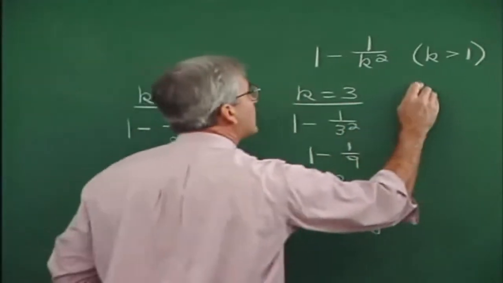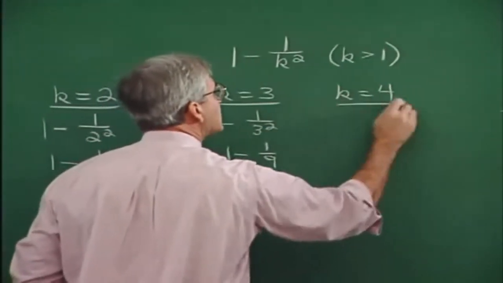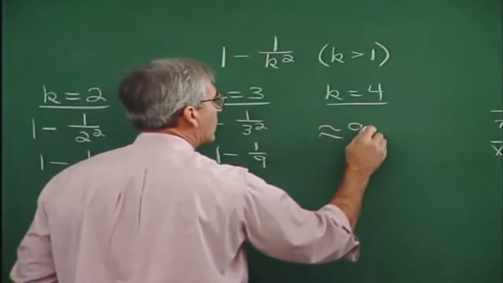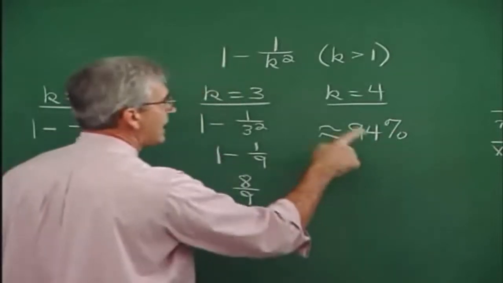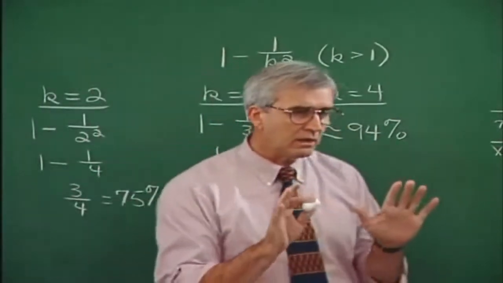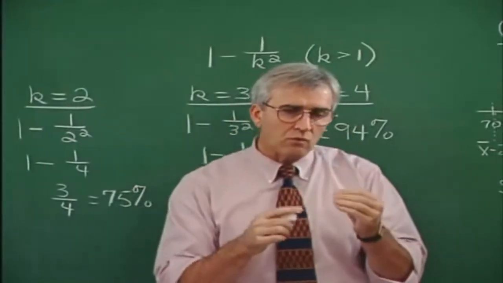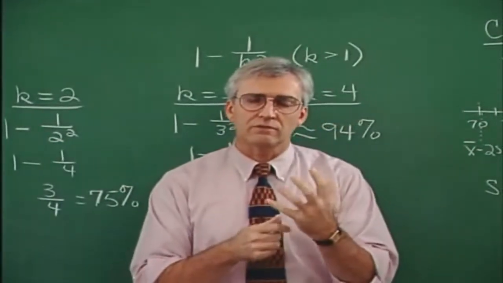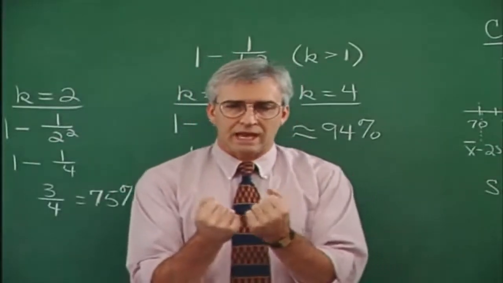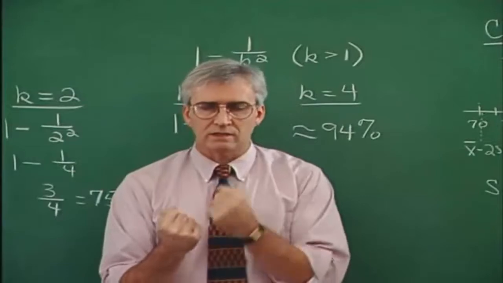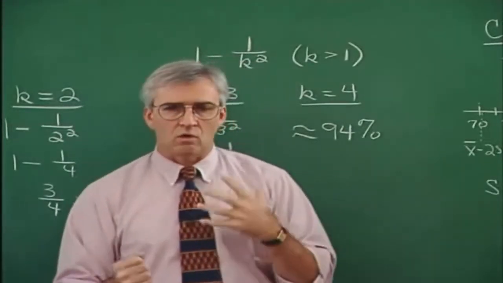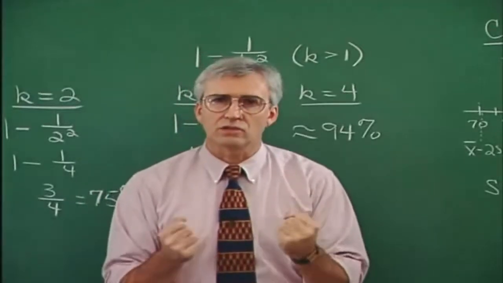And it'll turn out that when k is 4, we can calculate that approximately 94% of the data values will be in that range. So this really gives a relative idea. We begin to develop a feeling for the significance of a value in a data set that is 2 or 3 or 4 standard deviations from the mean.